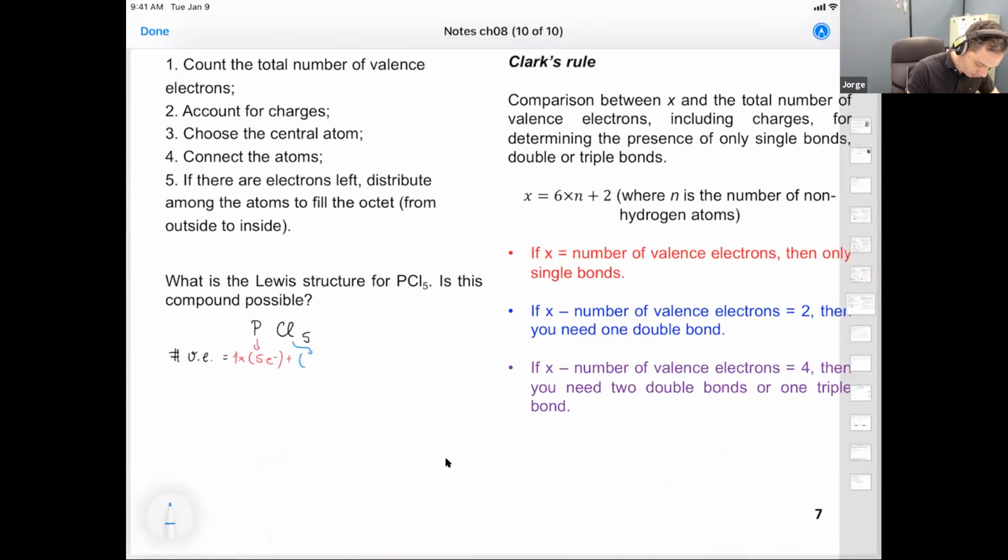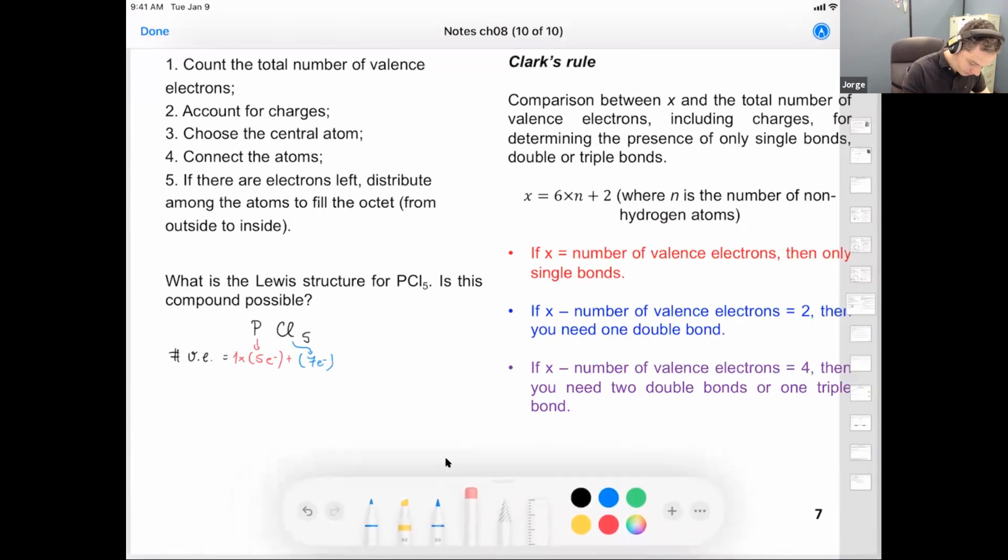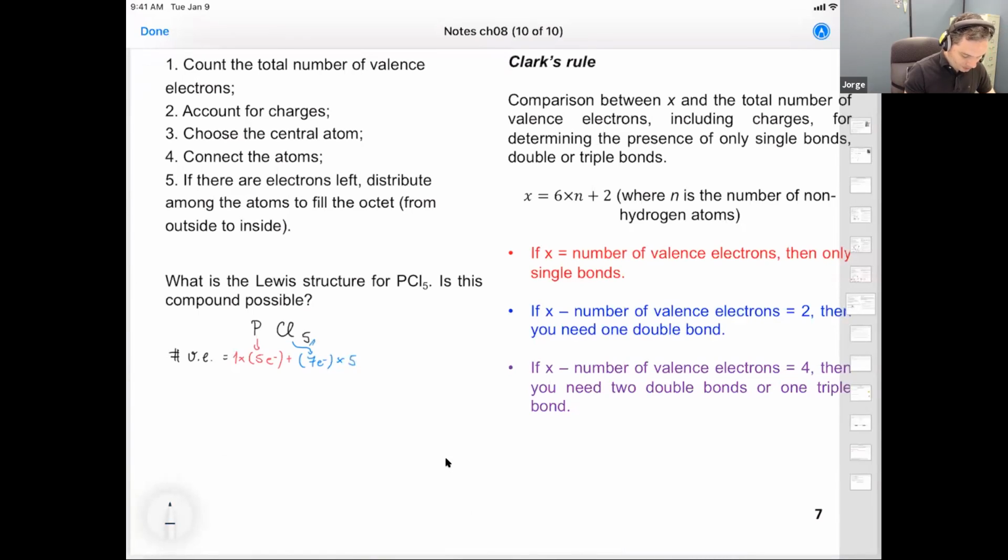Chlorine belongs to group 17, therefore 7 valence electrons. Attention here, because we have 5 chlorines, we need to multiply by 5. 7 times 5 is 35, plus 5, that's a total of 40 electrons to be distributed among all the elements.